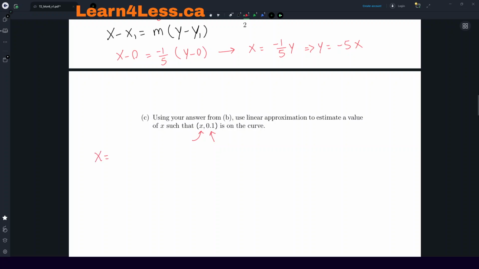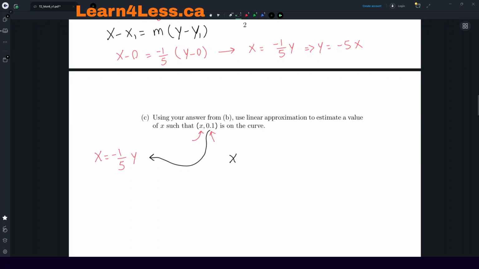x is equal to -1/5 y. So I want to approximate x at this y. So what I do, I just plug in this y here.